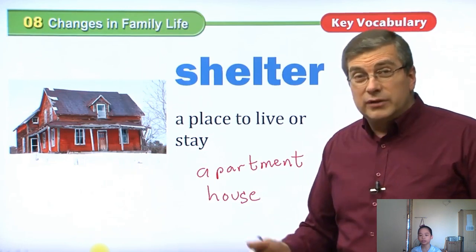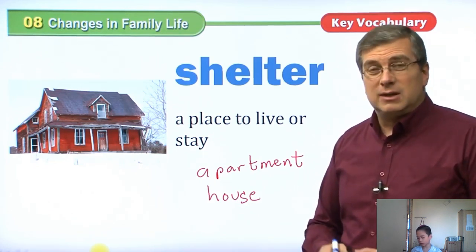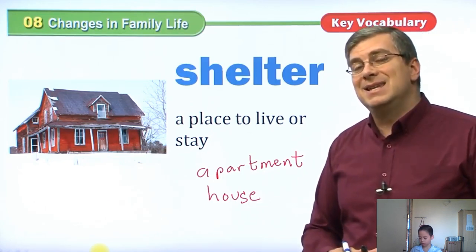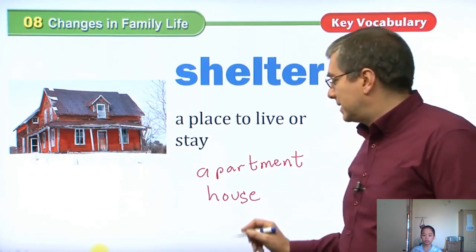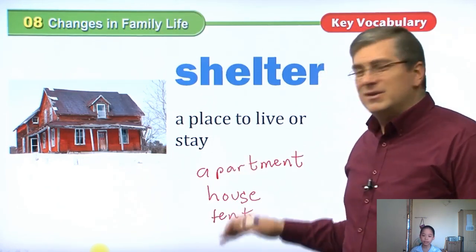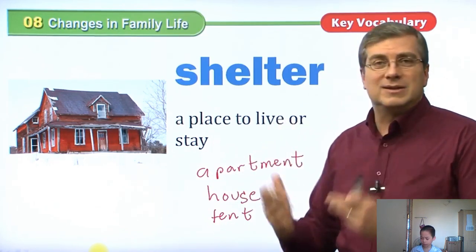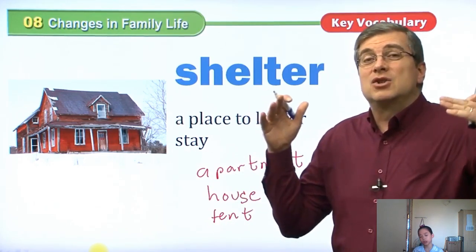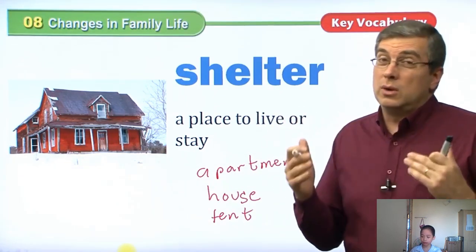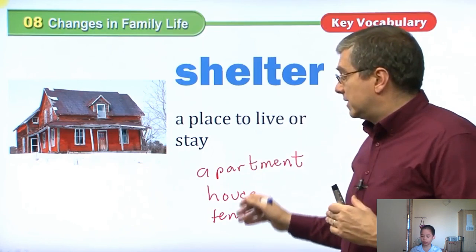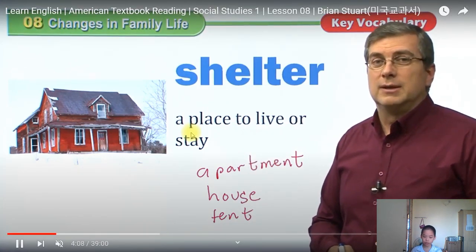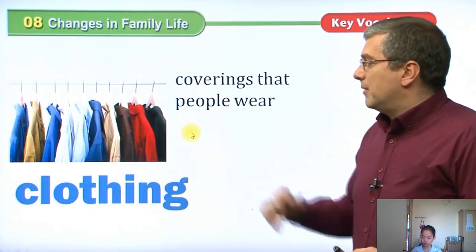There are many types of shelters: apartment, house, boat house, and another one is the tent. A tent is very important. If you go on a picnic, remember to take a tent with you. If you get lost, you can set up the tent so you can be safe.